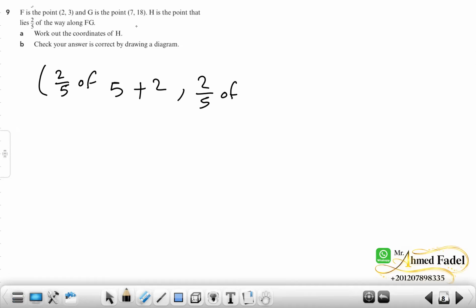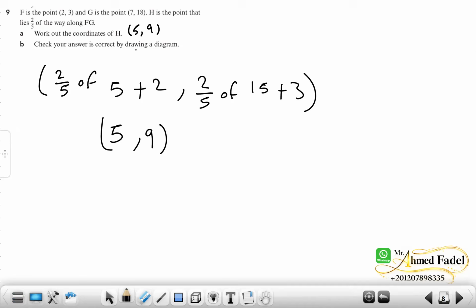So the difference here is 3 and 18, which is going to be 15, plus y1, which is 3. Let's find it. 2/5 of 5, it's going to be 5 divided by 5 is 1, plus 2 is 3. 3 plus 2 is 5. 2/5 of 15, 15 divided by 5 is 3, times 2 is 6. 6 plus 3 is going to give you 9. So it is 5, 9.